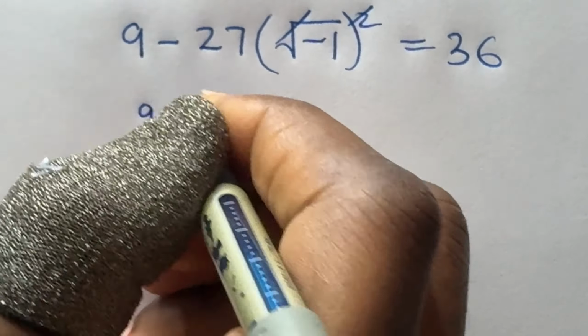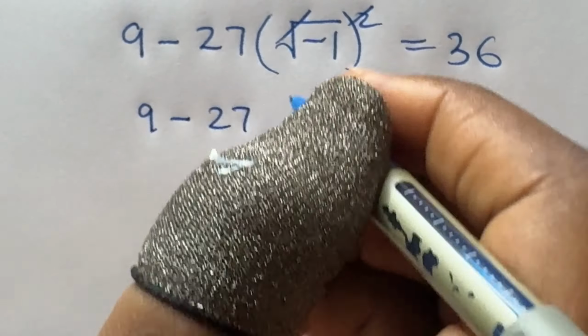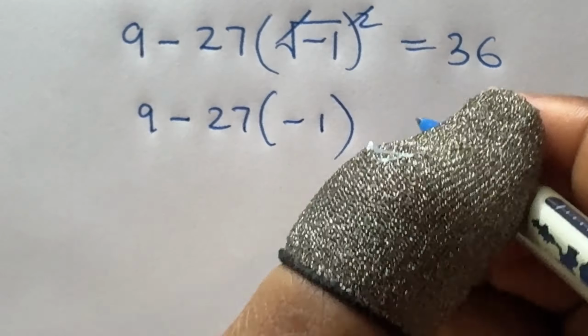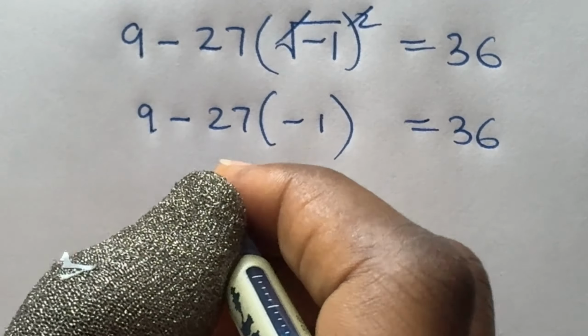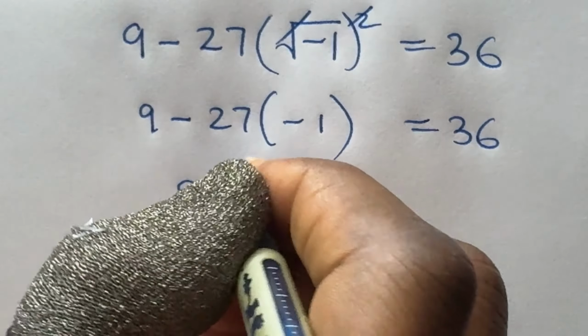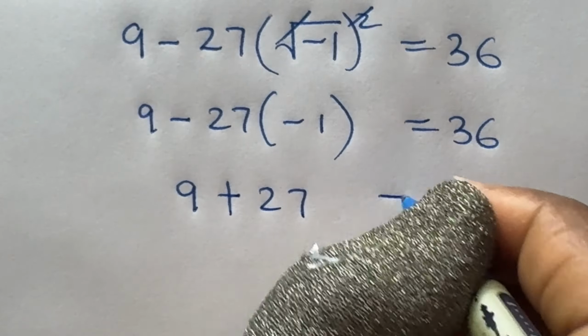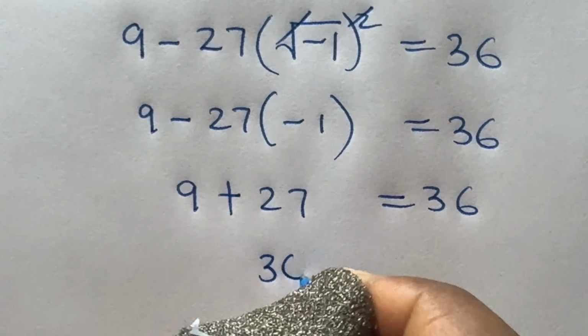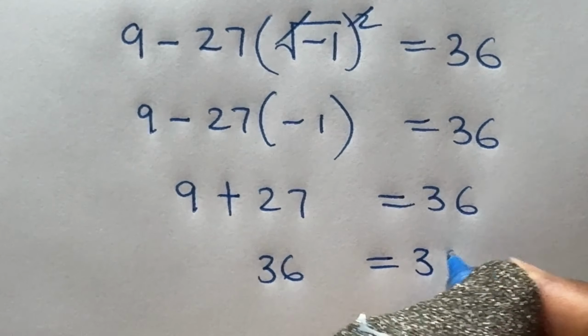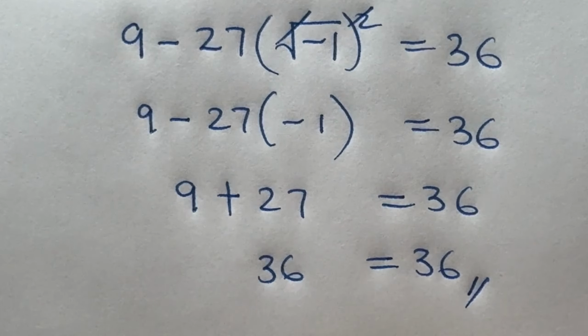So we have 9 minus 27 into -1 is equal to 36. This is going to give us 9 plus 27 is equal to 36. And 9 plus 27 is 36, which is also equal to 36, confirming that our solutions are correct.